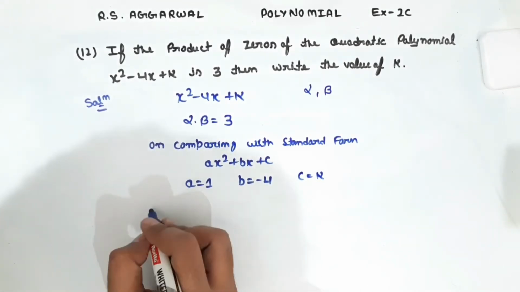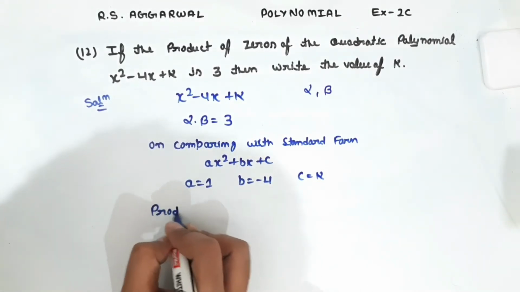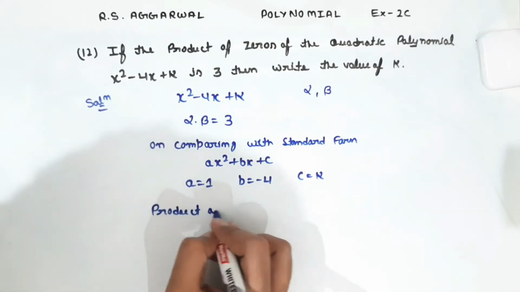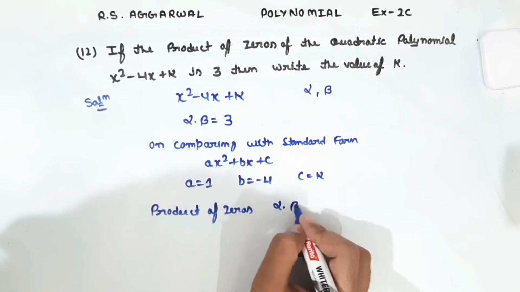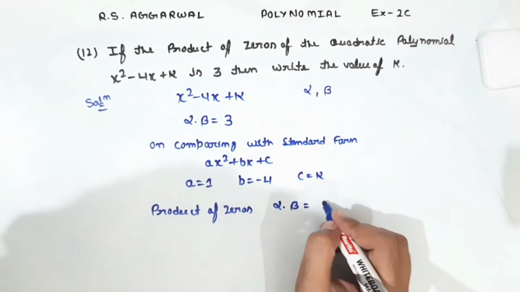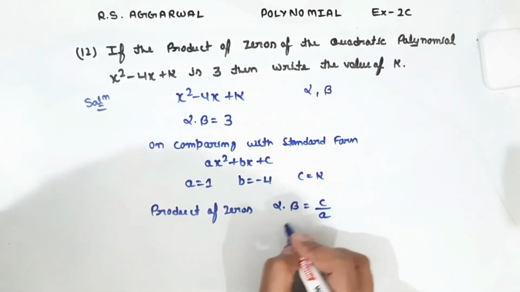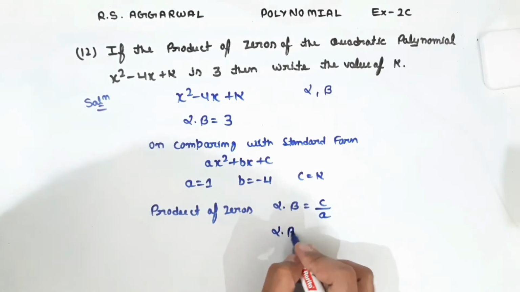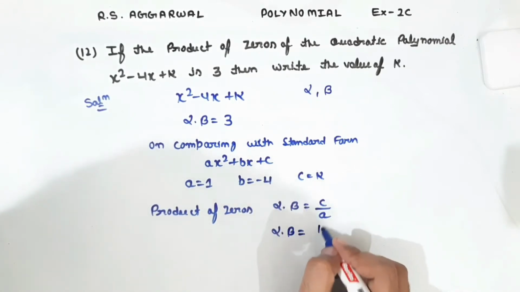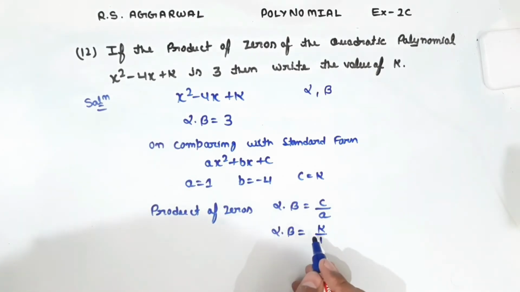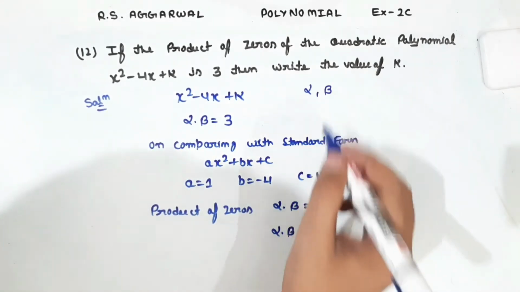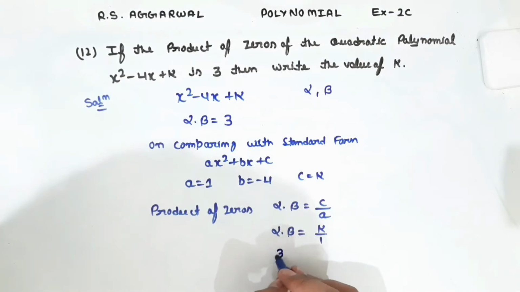And we know that the product of zeros is given by alpha into beta is equal to c upon a. So alpha into beta will be equal to, c is k and a is 1. So alpha into beta will be equal to k. So our alpha into beta is what? 3. So from here k will be equal to 3.